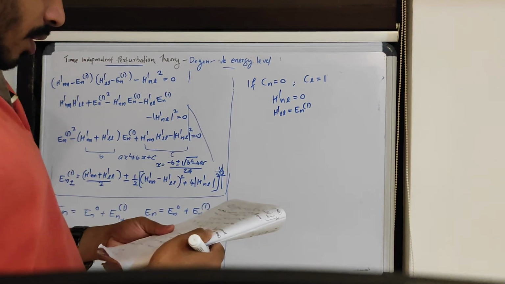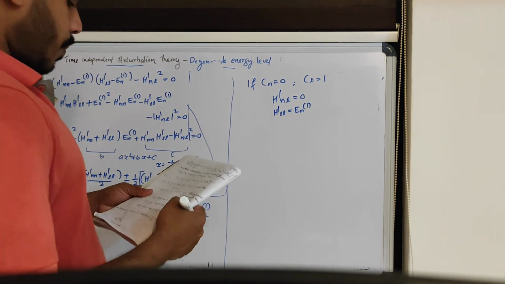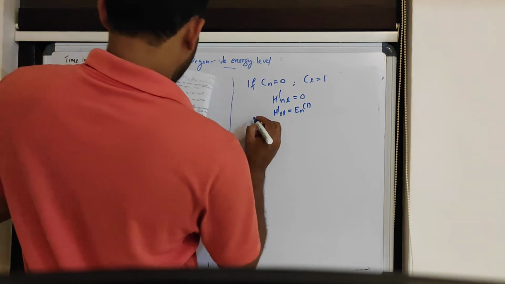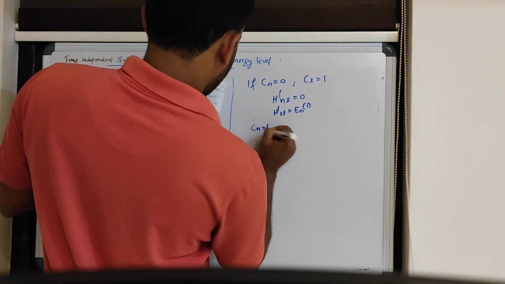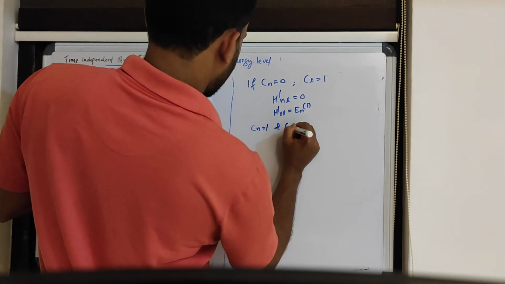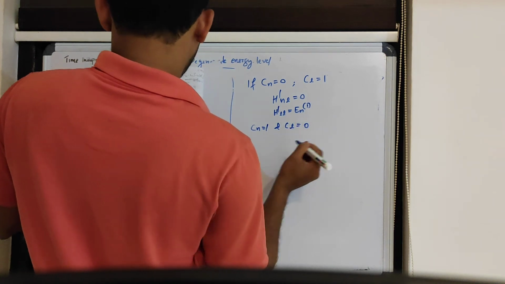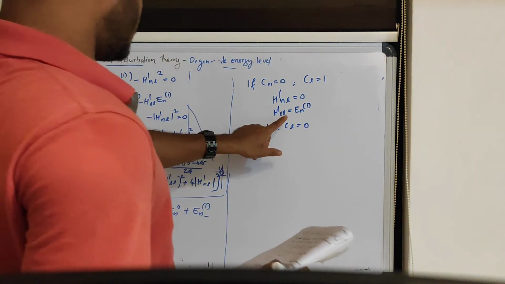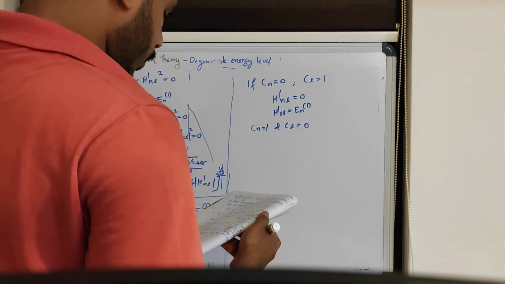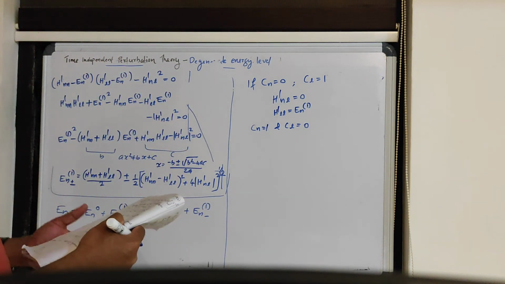In the same way, the plus sign: if Cn is equal to 1 and Cl is equal to 0, that energy level corresponds to the plus sign, En plus.